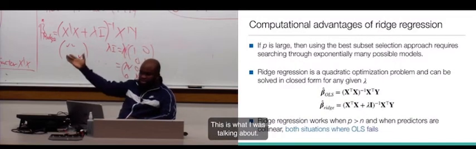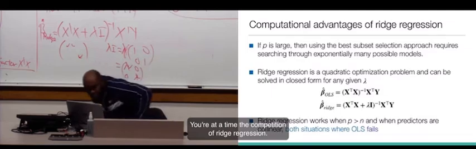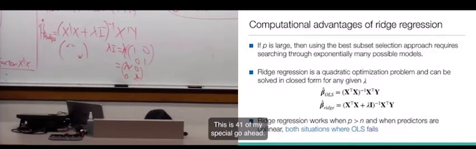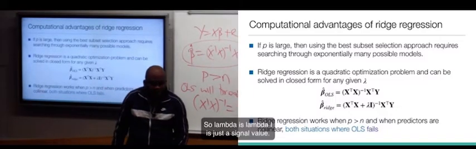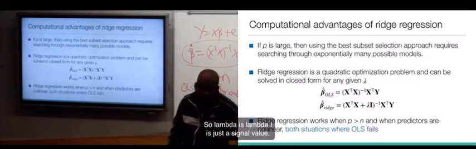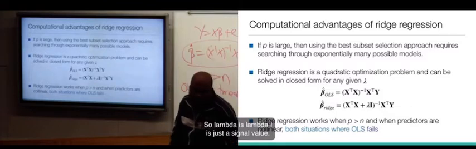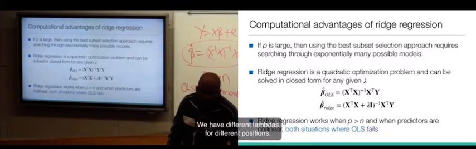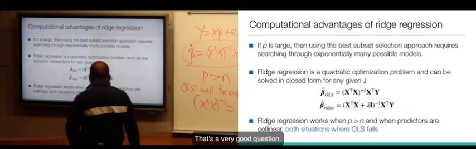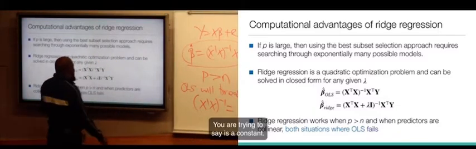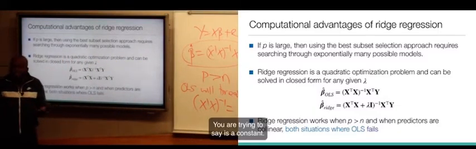This is what I was talking about the other time, the computation of regression. Okay, want to ask a question? Go ahead. This one, so lambda is a matrix or a scalar? Because in the slides it's not lambda I. So it's just a single value, or do we have different lambdas for different coefficients? That's a very good question. You are trying to say it's a constant.